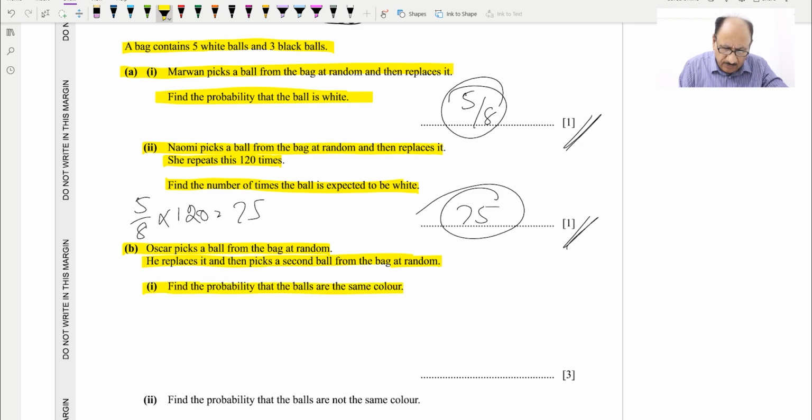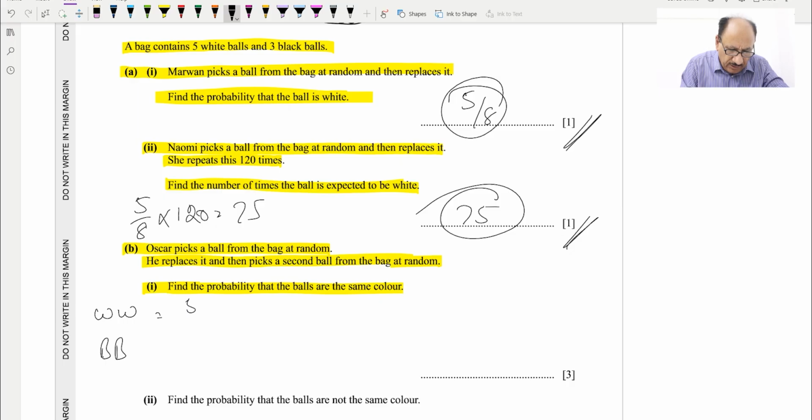Find the probability that the balls are the same color. So what can be the same colors? Same color can be white, white, or it can be black, black. So these are the two options. For white, it is 5 by 8.